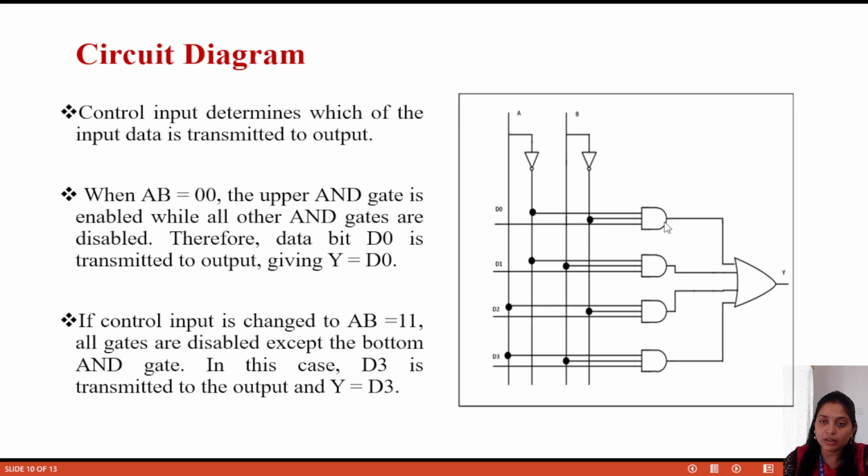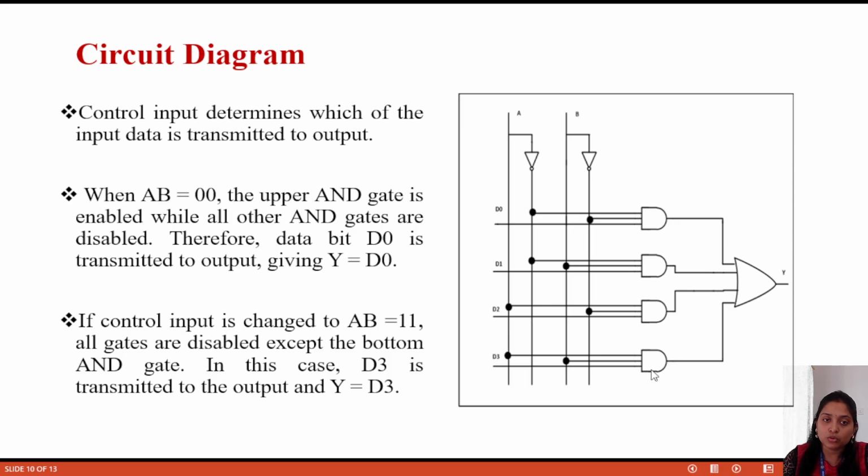Look at this AND gate: it is connected to A bar and B bar. If A and B are 1 1, then A bar and B bar will be 0 0, so its other two inputs are 0 and the output is 0. This one is also connected to A bar, so it will also be 0. In all the other cases the outputs are 0, except D3.